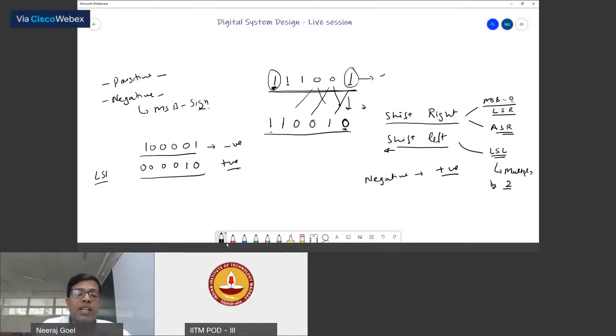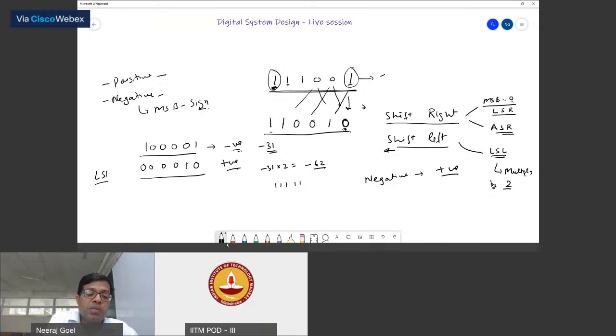To understand that, let us look at what this negative number was. We have to take 2's complement, then add 1, and we'll get to know what this number was. This number was 1 1 1 1 1, so that means this number was minus 31. If I multiply minus 31 by 2, then it would have been minus 62.